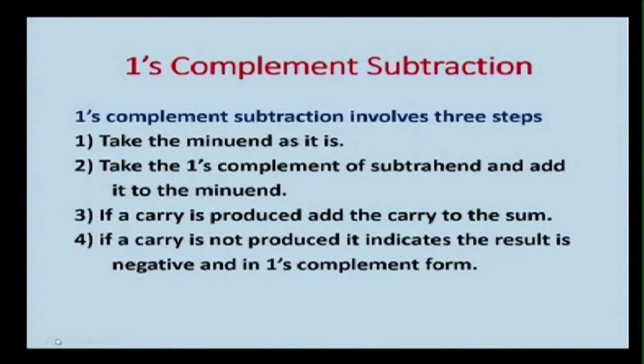So take the 1's complement of the subtrahend and add it to the minuend. If a carry is produced, add the carry to the sum, and if a carry is not produced, it indicates that the result is negative and it is in the 1's complement form.